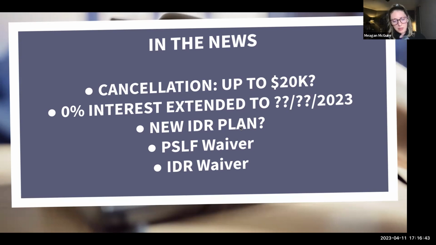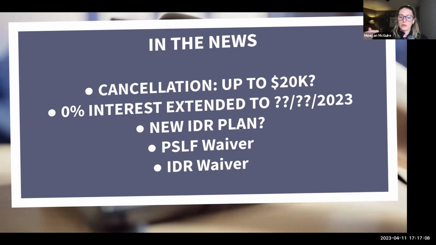Not necessarily for PSLF folks, but for people who go towards longer term forgiveness, because it means that the balance won't grow. So if your payment based on the income driven plan is less than what the interest charges per month on the regular repay plan, that would mean that your balance is growing.